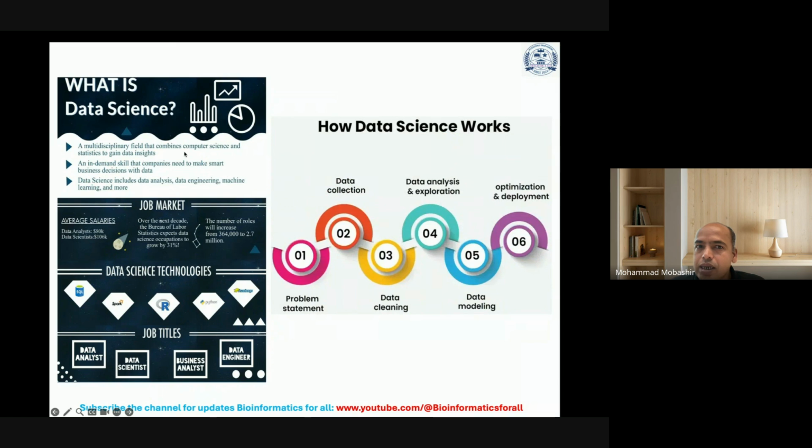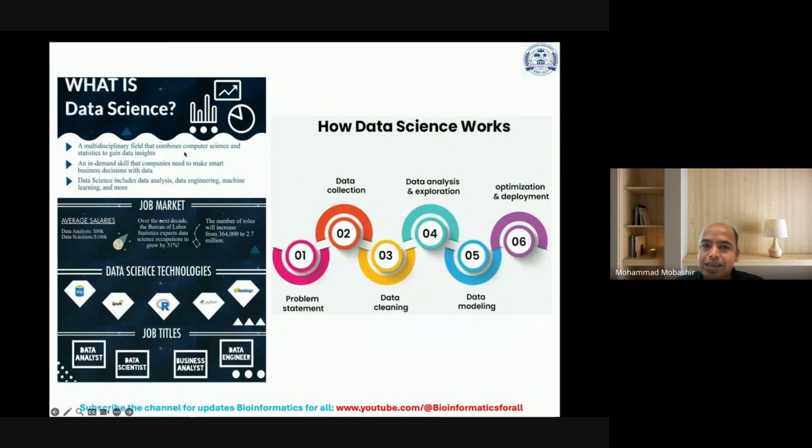The following are some features that differentiate data science from business intelligence. For example, data sources: in business intelligence the data is structured, but in data science it is both structured and unstructured.